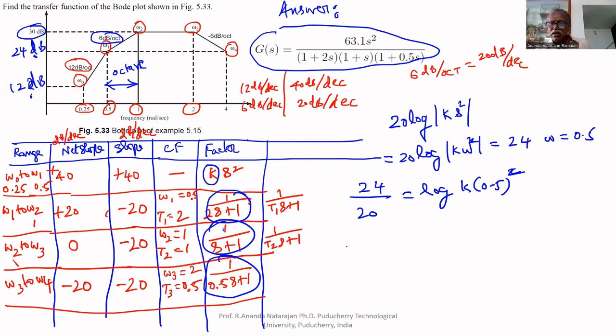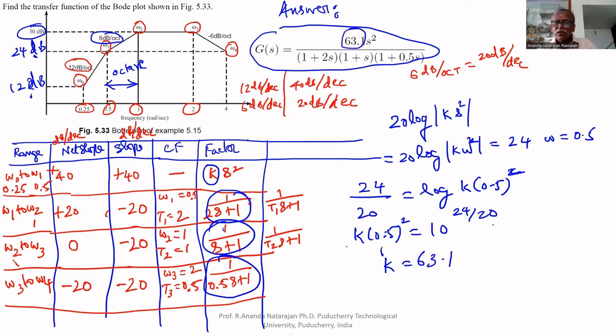Therefore, K times 0.5 whole square equals 10 to the power 24 by 20. Therefore, K equals 63.1. So that's all.